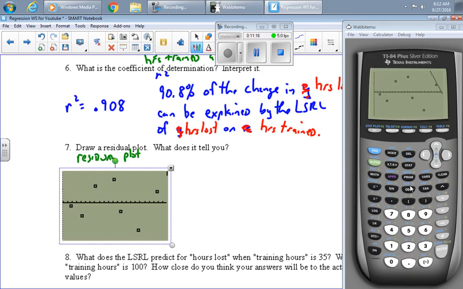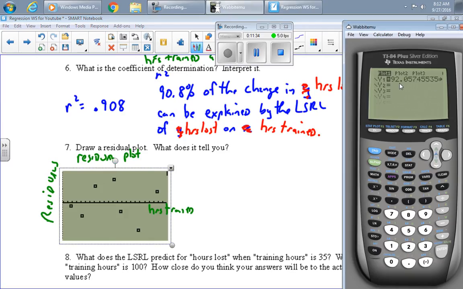So this here I've graphed hours trained, and here I've graphed my resids, or my residuals. And I can look at a size here if I press window. I notice this line going through here. Ignore that line, because that line is actually inappropriate for this graph itself.